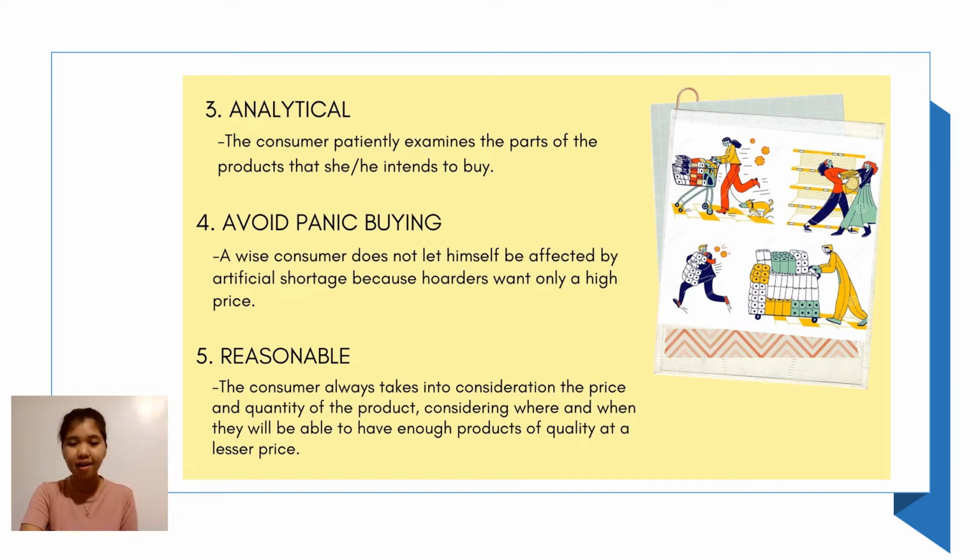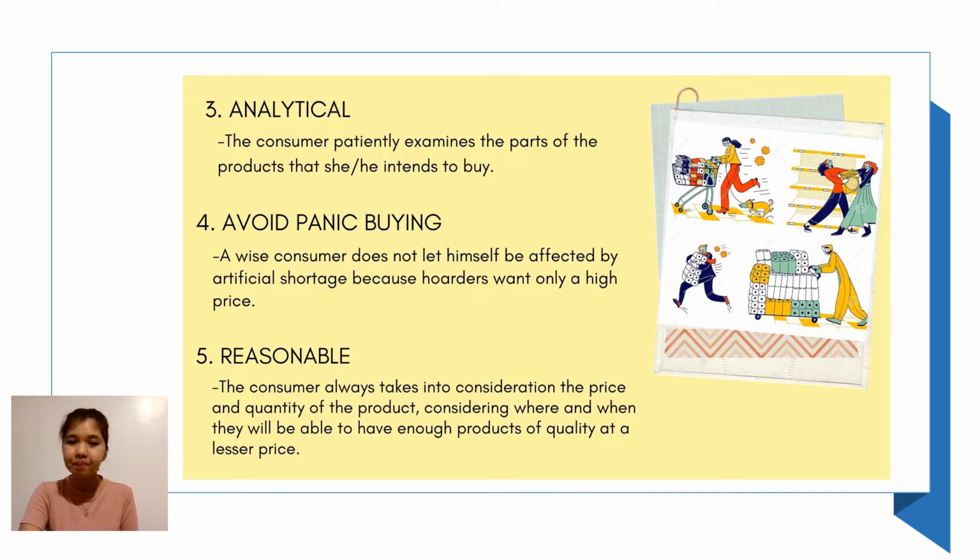And next is avoid panic buying. A wise consumer does not let himself be affected by artificial shortage because hoarders want only a high price. Yes, and this usually happens during natural disasters and health crises. So with that, people can develop unusual behaviors and that behavior is what we call panic buying. Just like what we experienced last year when the local government announced that we would be going under enhanced community quarantine.